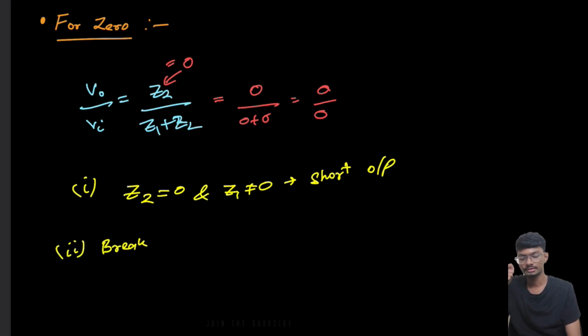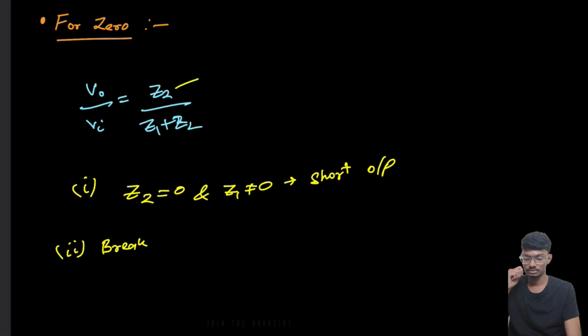Okay, now next is break the link. What do I mean by breaking the link? Basically, if Z1 goes to infinity, then this whole equation will go to 0, right? Now the other condition we should follow is that Z2 is also not equal to infinity. Why?